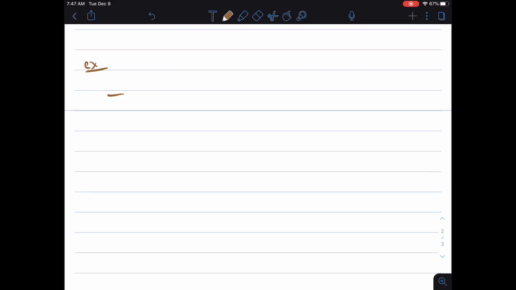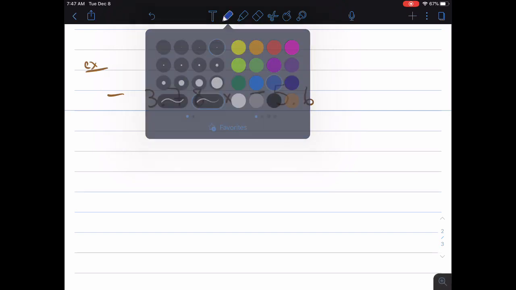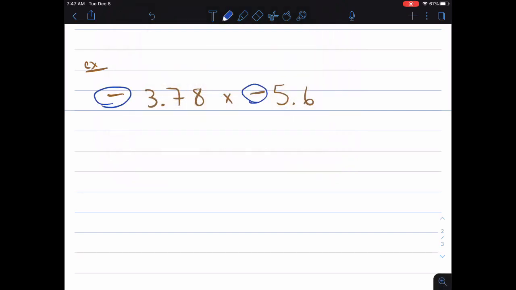Let's do another example. I have negative 3.78 times negative 5.6. Let's do the symbols first. Vamos a hacer los símbolos primero. I have negative times negative. Are they the same or different? ¿Son iguales o diferentes? They are the same.